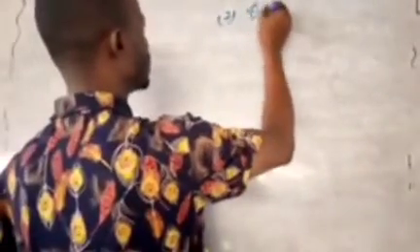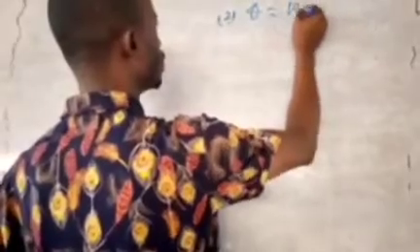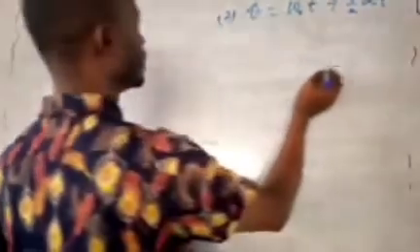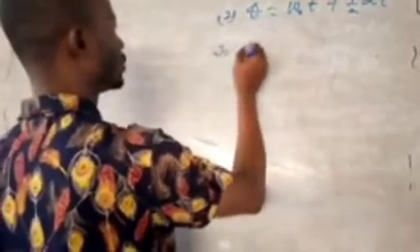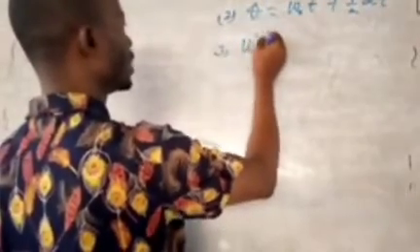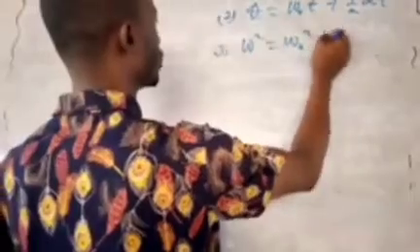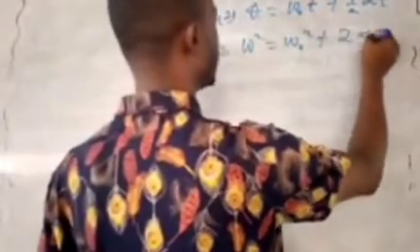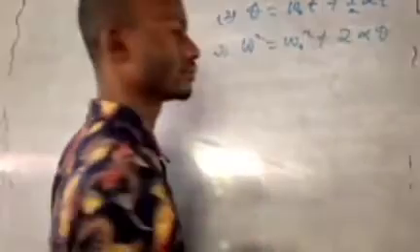Number two, theta equals w naught t plus half alpha t squared. Number three, w squared equals w naught squared plus 2 alpha theta.